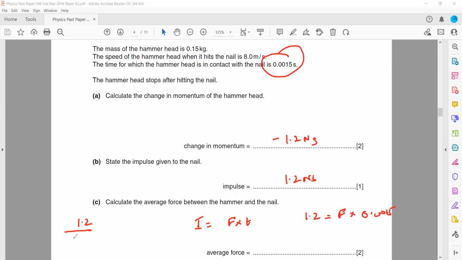So 1.2 divided by 0.0015 will give us the force. When we substitute the values, we'll get the force exerted on the nail, which is equal to 800 Newton. So the force here is equal to 800 Newton.